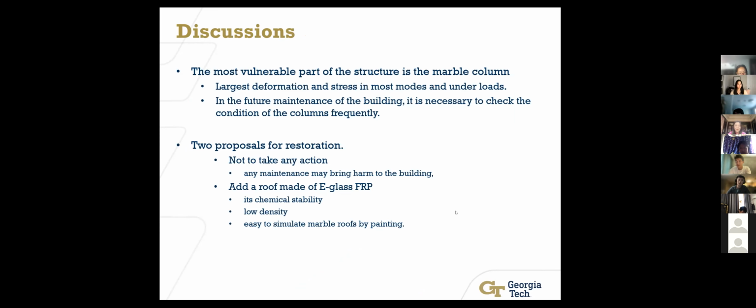And so what we want to discuss is that the most vulnerable part of the structure, according to the results obtained, is the marble column. As you saw in the previous animations, the maximum deformation always usually occurred on the columns, and especially the corner columns. So this gives a hint that during future restoration processes, architects should take into account checking the conditions of these marble pillars.